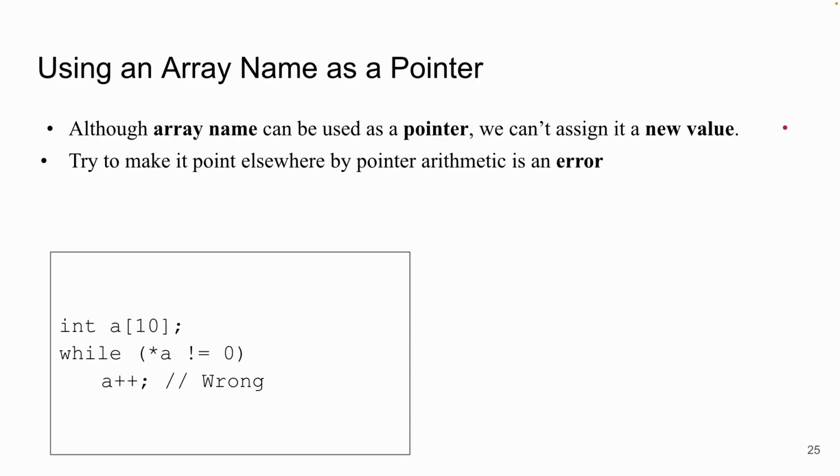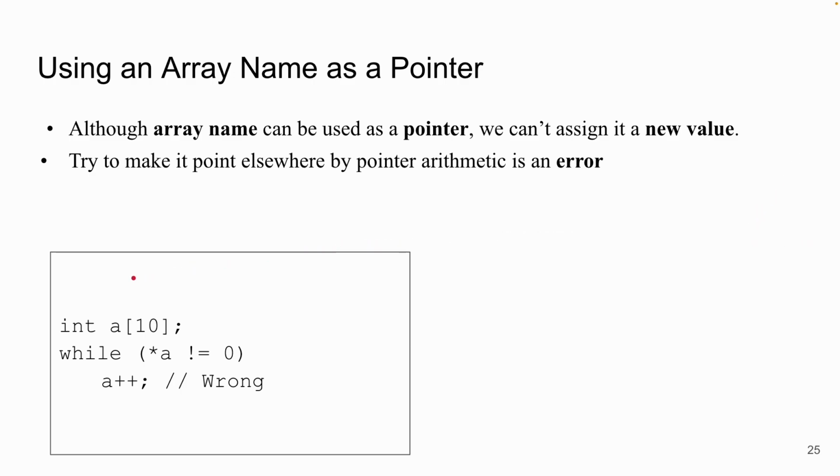However, there are some limitations for the array name. Although the array name can be treated as a pointer to the array, we cannot assign a new value to the array name. Unlike pointer variables, we cannot change where A itself is pointing to.